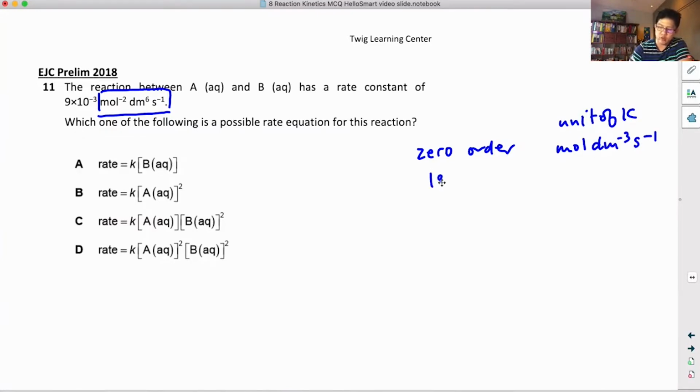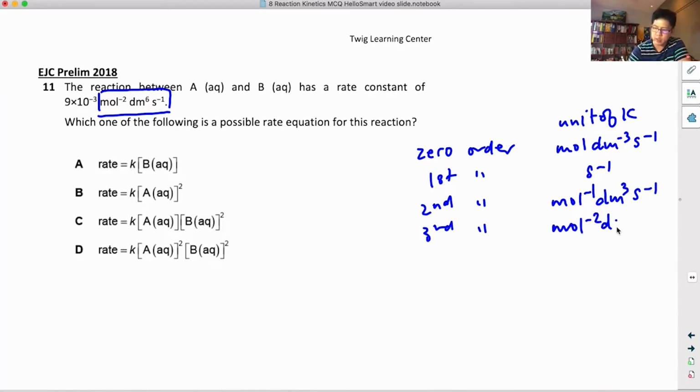For first order it is just per second. For second order, it's mol^-1 dm^3 per second. For third order, it's mol^-2 dm^6 per second. So looking at the unit here, it's a third order reaction, so the answer has to be C. Learn this by heart.